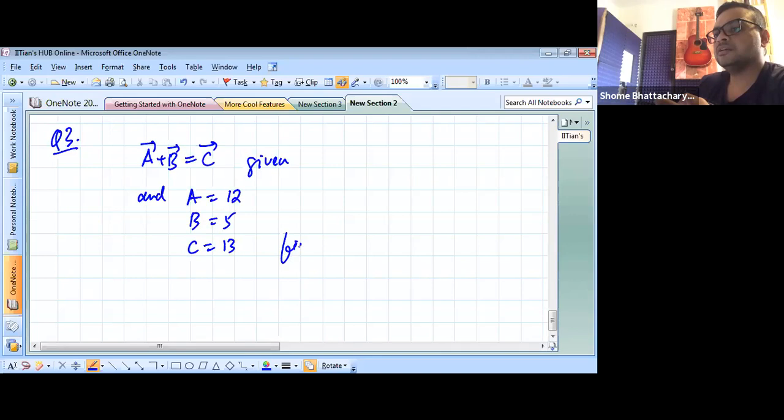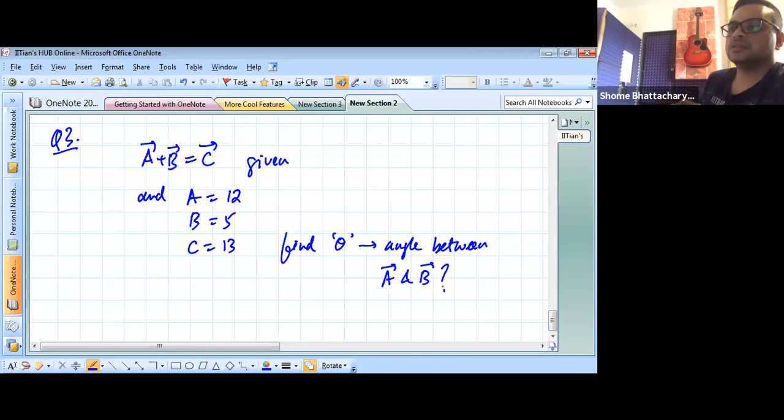So we have to find theta, that is the angle between A and B. So this is actually very similar to the third part of question 1, because you will notice that 12, 13 and 5 are a Pythagorean triplet. So you can directly see that the angle should be 90 degrees.